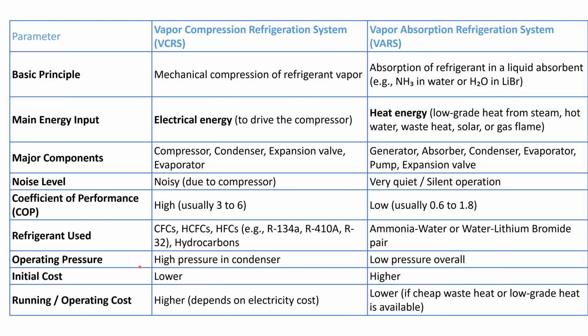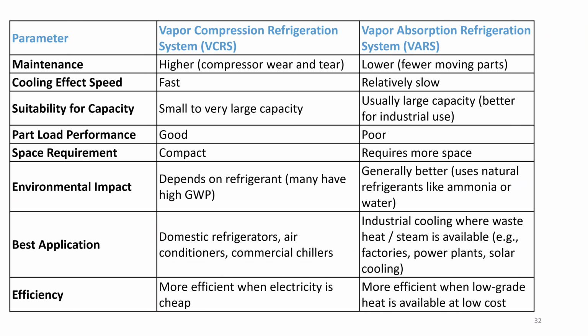Then operating pressure is high in the condenser for VCRS, but VRS has low pressure. Initial cost is lower for VCRS, but higher for VRS. However, running and operation cost is very high for VCRS, but lower for VRS. Then maintenance is higher for VCRS, and for VRS it is lower. Then the cooling effect is fast for VCRS because it is a single refrigerator, but it is slow for VRS.